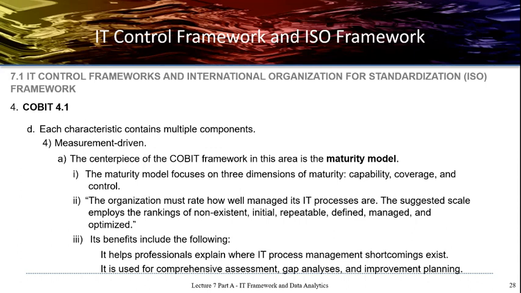The organization must rate how well managed its processes are, suggested as stable, defined, managed, and optimized. Its benefits include the following. It helps professionals explain where IT process management shortcomings exist. It is used for comprehensive assessment, gap analysis, and improvement planning.